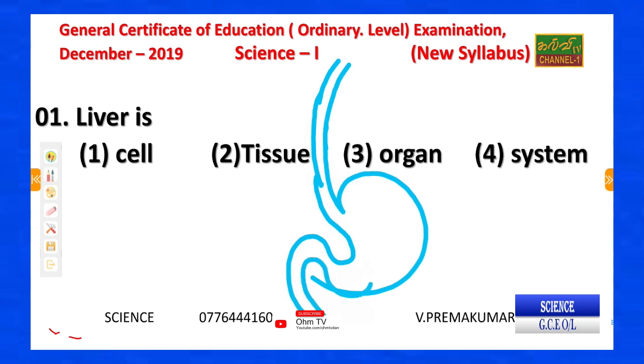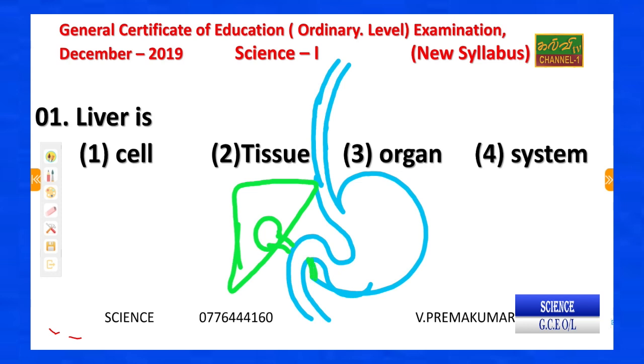The stomach is here, C shape. Then next to the stomach there is the biggest gland in the digestive system, which is called the liver, right? The liver is like this, the biggest gland. It has bile, and the bile duct is here.